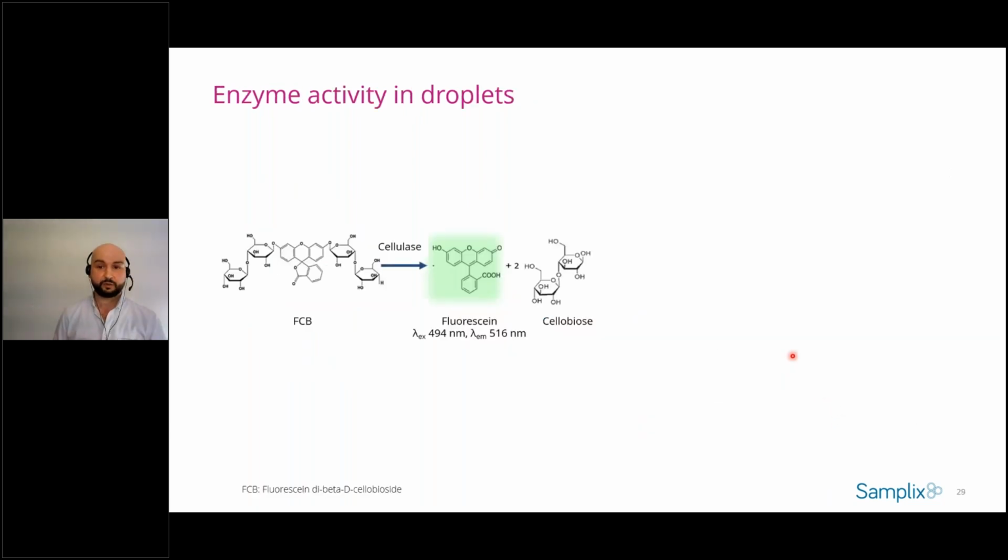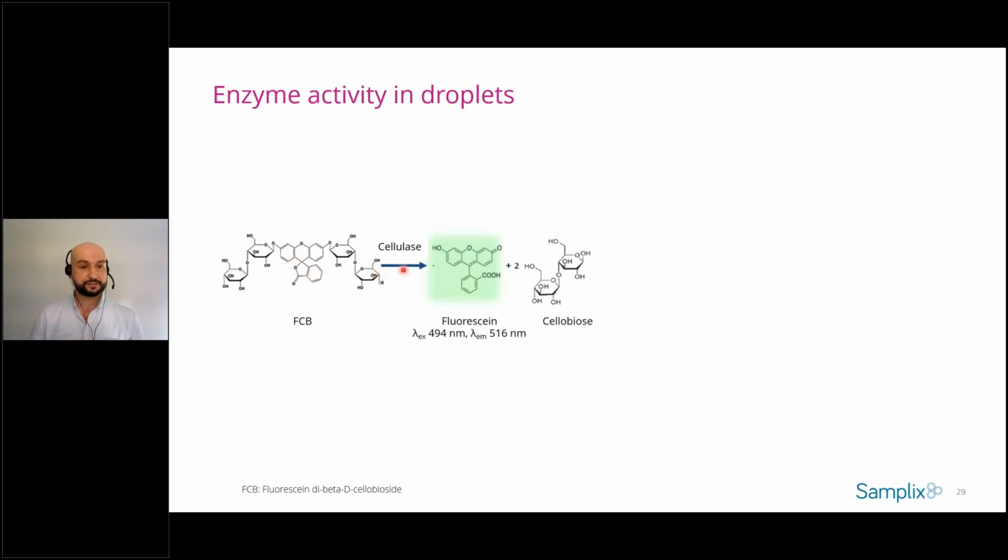While we now seamlessly integrate the findings from our previous experimental phases, our focus will shift to the encapsulation of a cellulase-expressing cell together with the fluorogenic substrate. This substrate is basically two cellobioses linked to the fluorescent molecule that we analyzed before, which we identified as the best candidate.